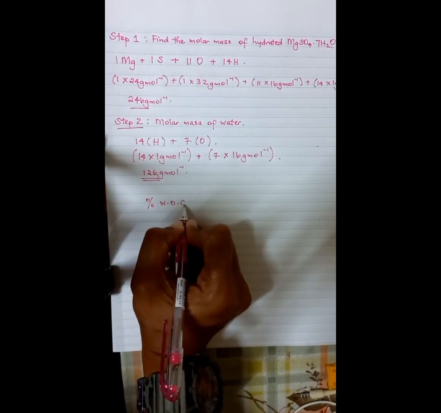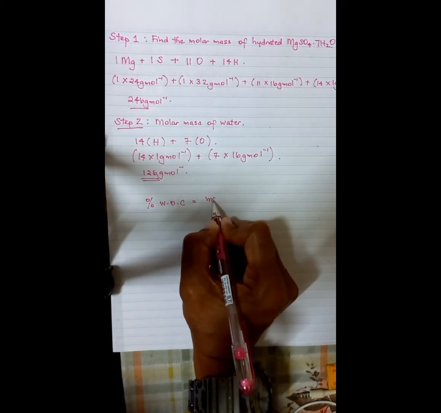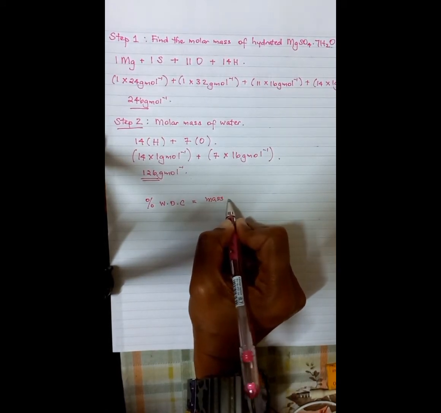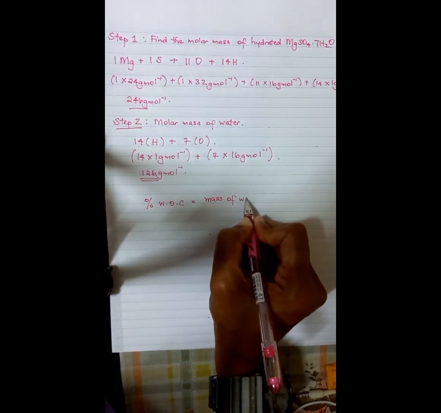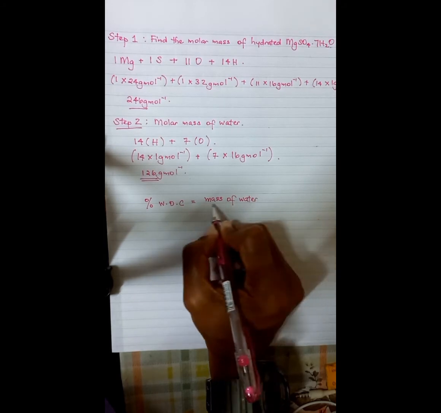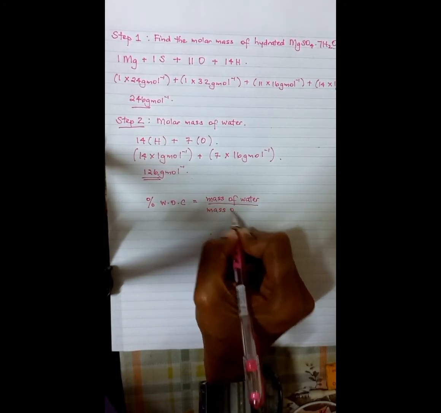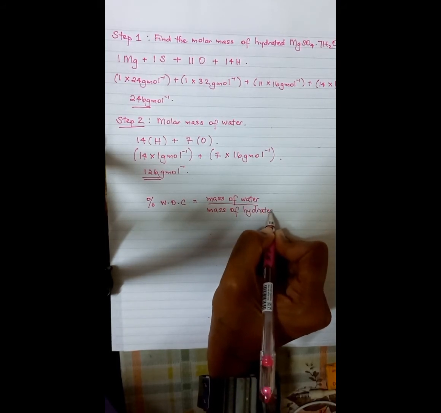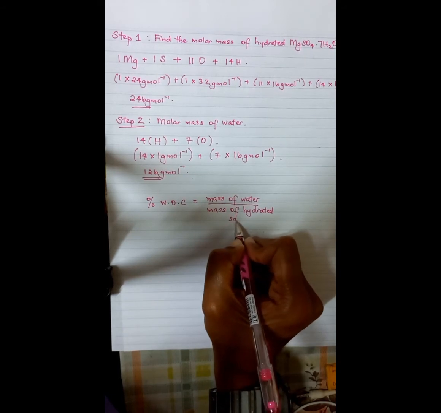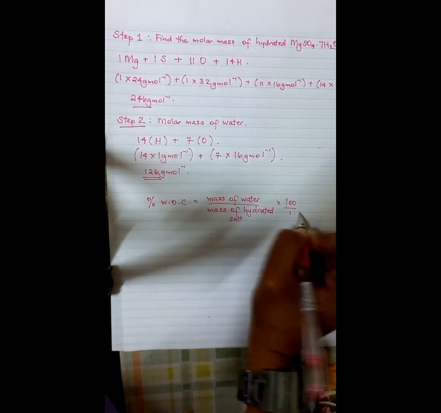Water of crystallization is equal to mass of water divided by mass of hydrated salt, multiplied by 100 over 1.